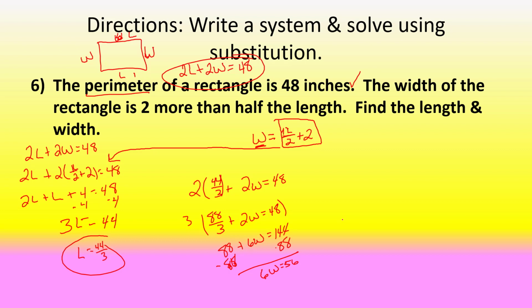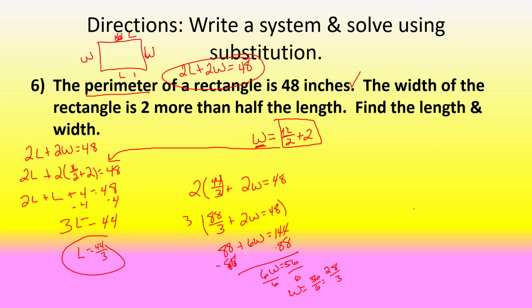So we want to divide by 6. And W equals 56 over 6, which can simplify to 28 over 3.